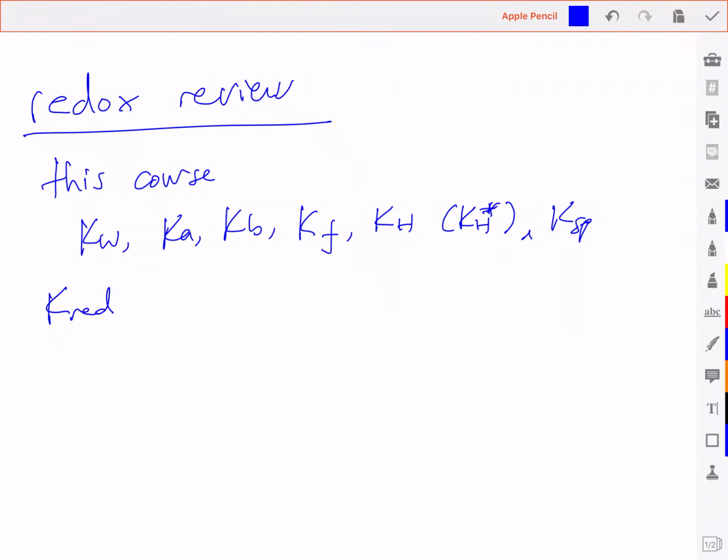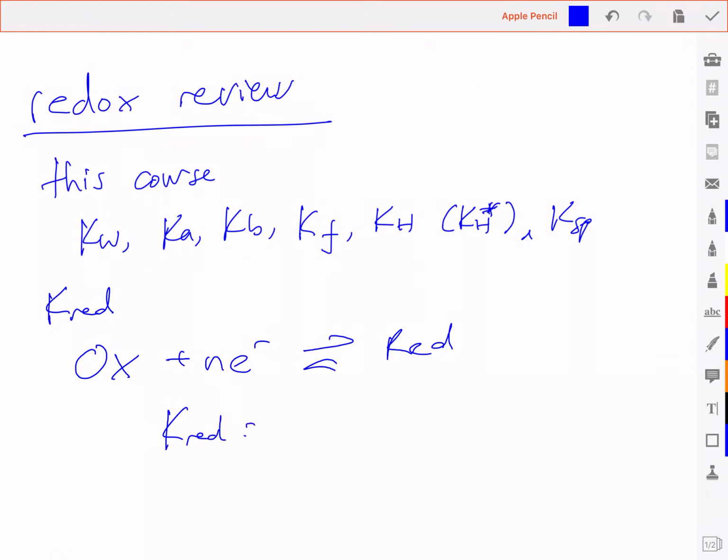It's KRed. So we picture now a half reduction reaction. If you remember that from first year, you can talk about oxidation reduction reactions. These are reactions now involving a transfer of an electron. It's either an oxidation half reaction or a reduction half reaction. And the convention is usually to write them as reduction reactions. So we'd have something like this: our oxidized form plus some number of electrons to form our reduced form.